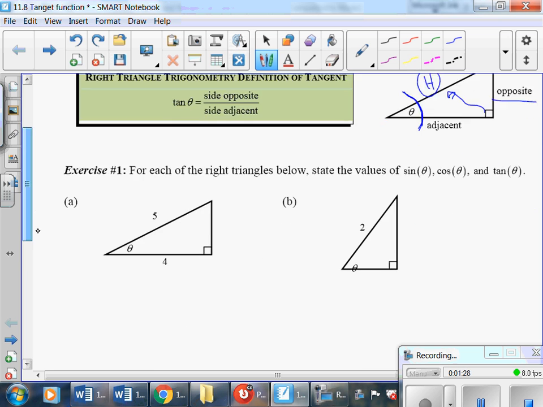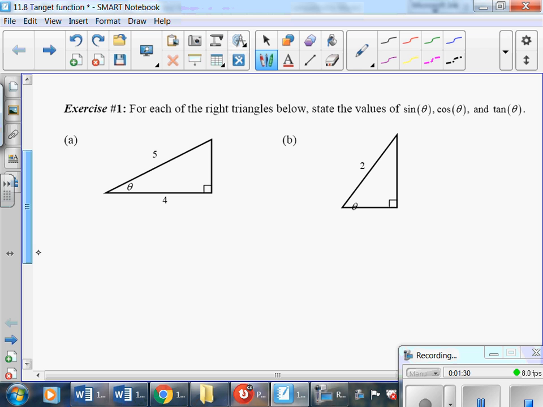So taking a look at exercise 1, for each of the following right triangles below, state the values of the sine, the cosine, and the tangent of theta. Looking at this one here, I need the sine of theta, cosine of theta, and the tangent of theta.